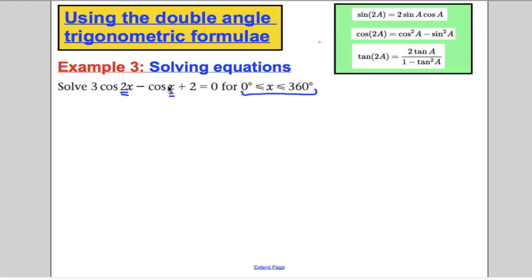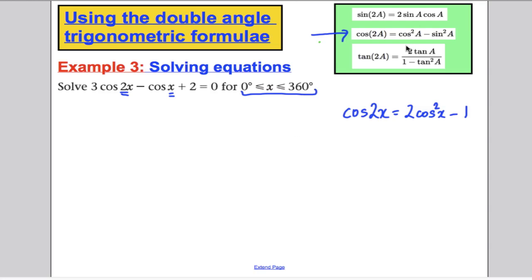So we know that cos 2x would be cos squared minus sin squared. But let's get everything in terms of cos x's. Let's use the substitution that cos 2x is 2 cos squared x subtract 1. That's a version of this.